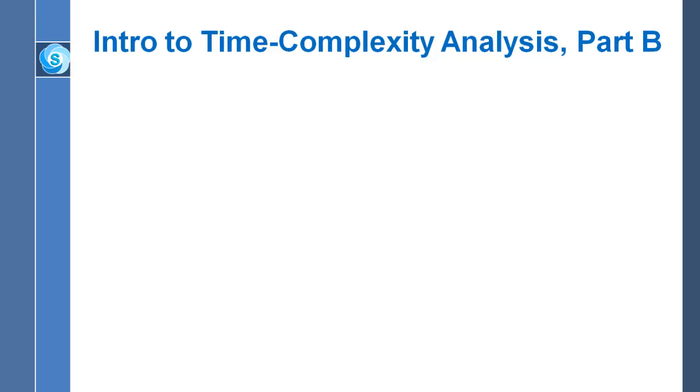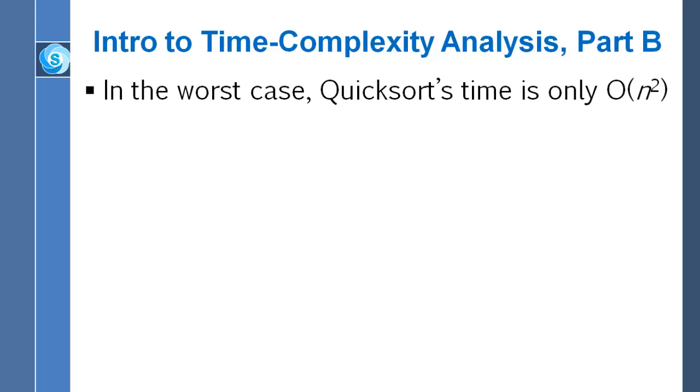We'll get back to that question of what it is that, very infrequently and only in very unlucky cases, causes quicksort to execute much slower than it ordinarily does. But right now, let me just assert that in the worst case, when we're unlucky, the only thing we can say is that quicksort's time is big O of n squared.